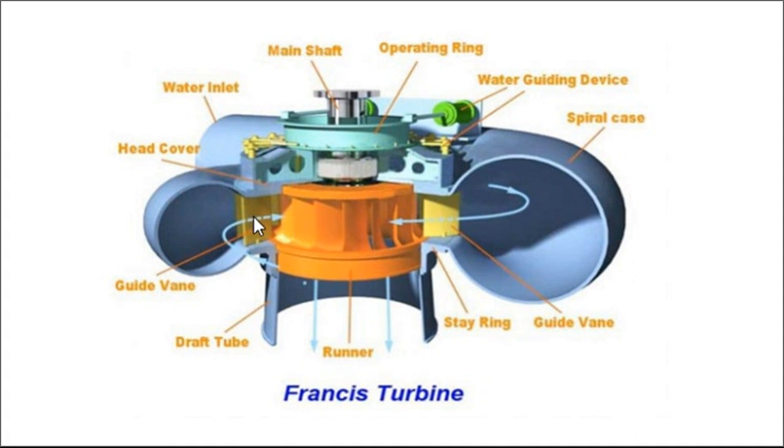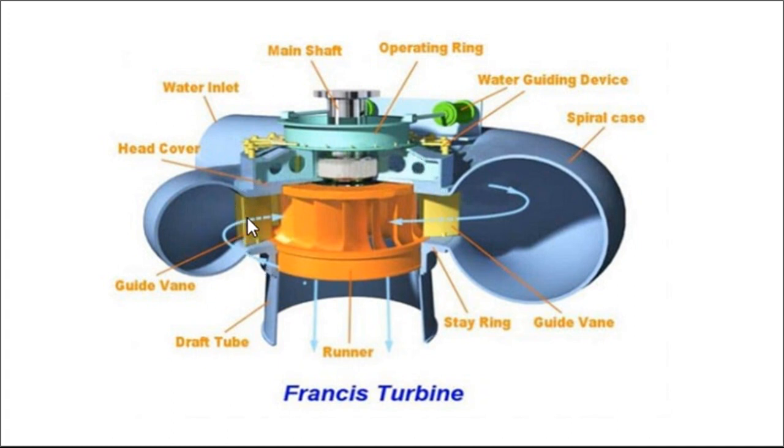Guide vanes can open and close according to the load, so this is known as the water guiding device or governor. This is the operating ring, this is the main shaft, and this is the water inlet. Water enters over the circumference of the guide vanes.